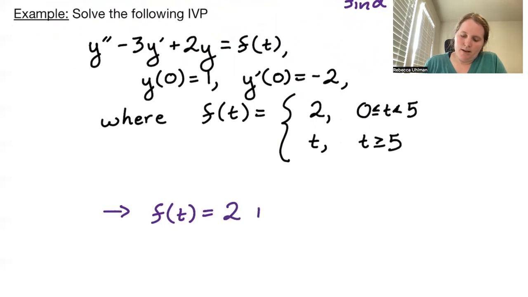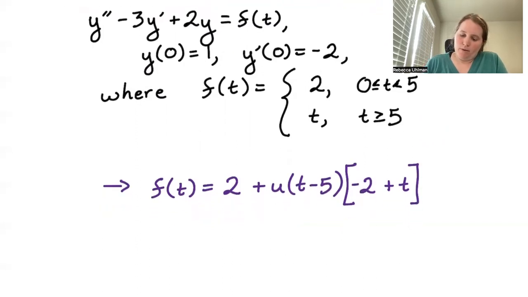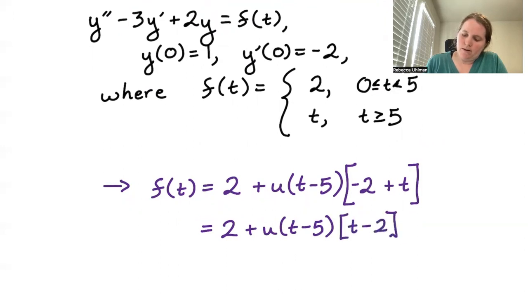And then plus u of t minus 5 times, we need to subtract off the 2 and then add on our new target of t. Or in other words, f of t is 2 plus u of t minus 5 times t minus 2. And this is for t greater than or equal to 0.